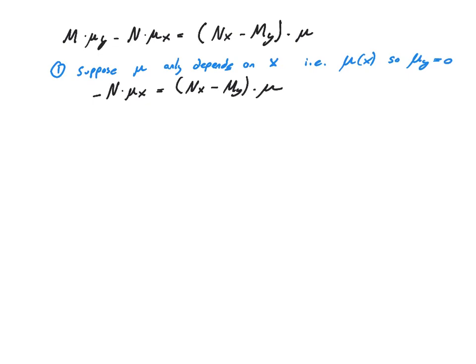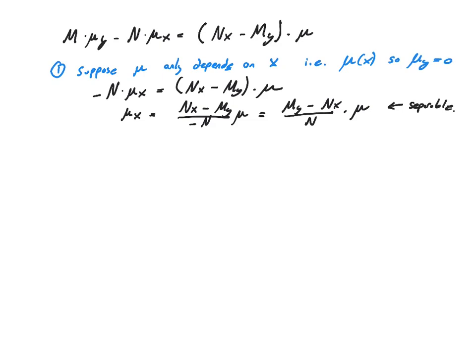And if I solve for just mu sub x, I would get mu sub x is equal to n sub x minus m sub y divided by negative n times mu, which is the same thing as m sub y minus n sub x divided by n times mu. And this is separable.